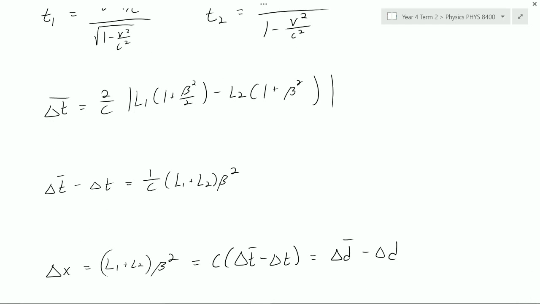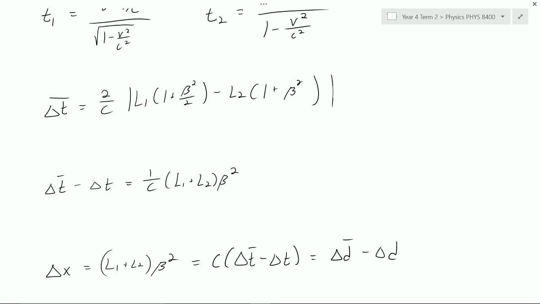Now, delta x, which is the shift in interference fringes, is also the difference in the wavelengths' phase shifts. If you bring c up into the equation, you can have c multiplied by delta t bar as well as c multiplied by delta t, which gives these new symbols delta d bar and delta d, which is just the phase shift at each position of the apparatus.